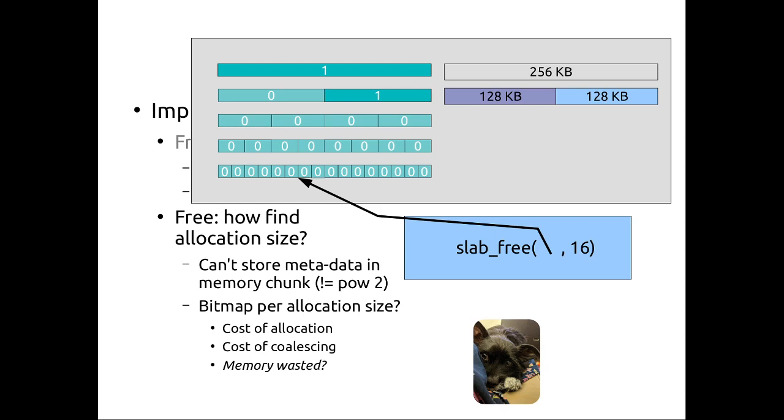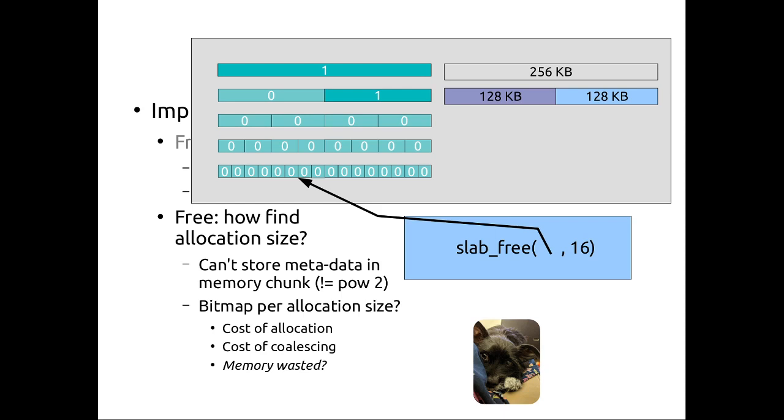Okay, so the question is, what are the costs of this mechanism? The cost of allocating, we've already gone through. The cost of deallocating, we saw that it was logarithmic, but essentially we're just walking through the bitmap, setting values from 1 to 0, and coalescing if two buddies become 0 at the same time, right?